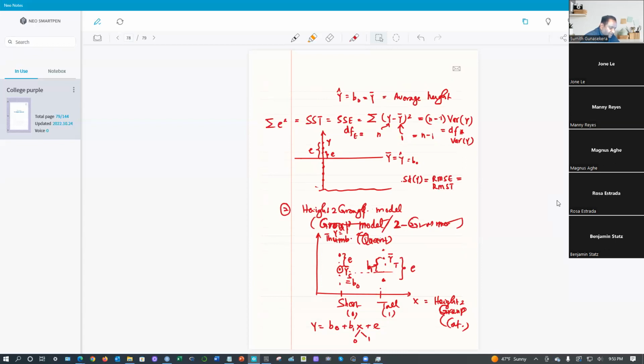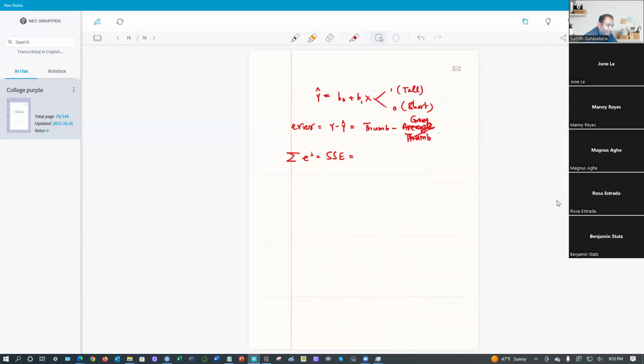Same thing, it's another way to look at it. From the ANOVA table, you can easily get root mean squared error and root mean squared total. Here, e squared doesn't do anything over here; it's with respect to that one.